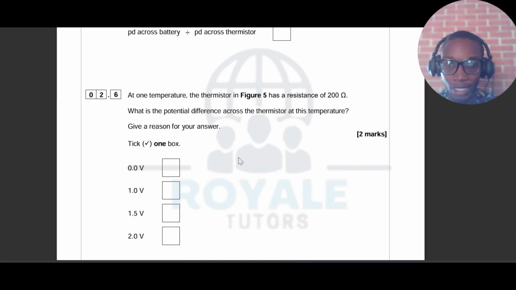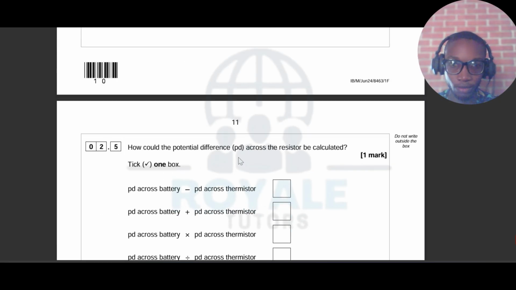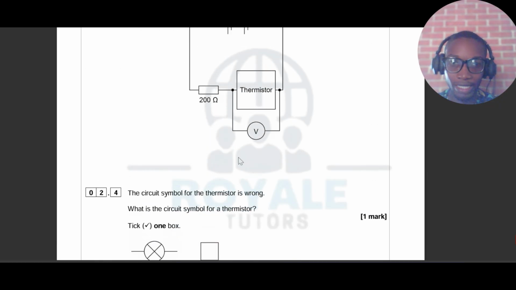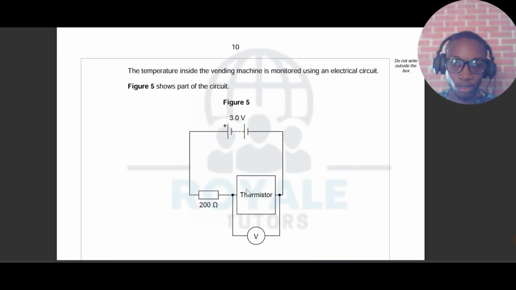Okay, now we are asked to calculate the potential difference across the thermistor. Because the thermistor is going to take the same resistance as the resistor, and these two are going to share this battery, it's practically like they're going to take it equally.